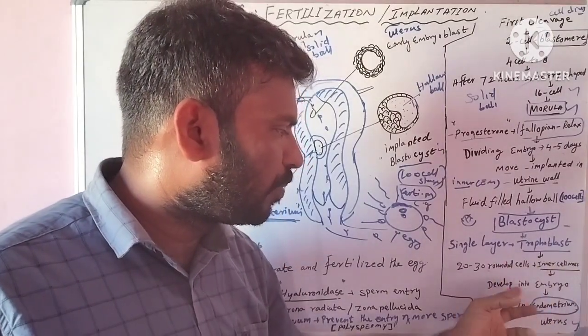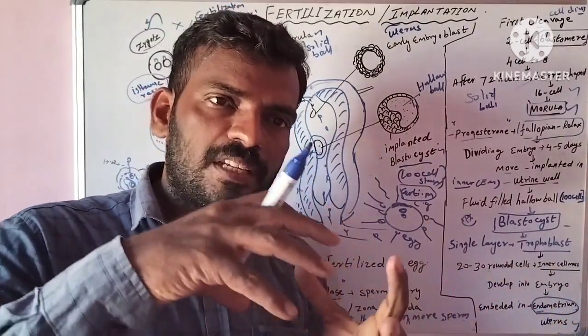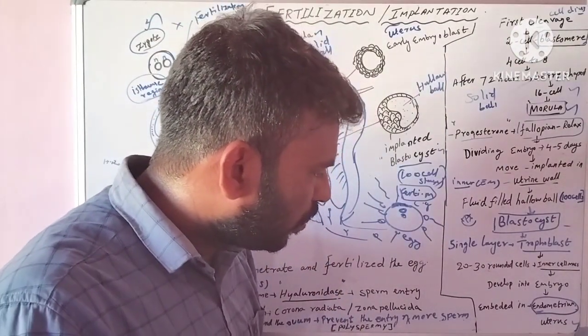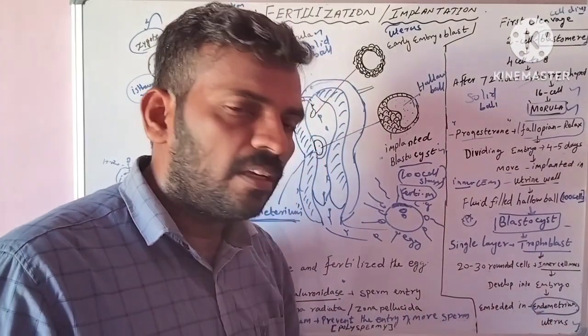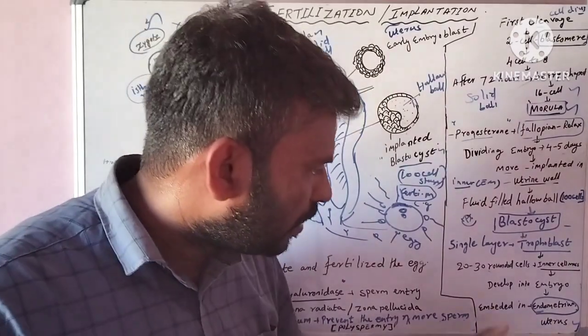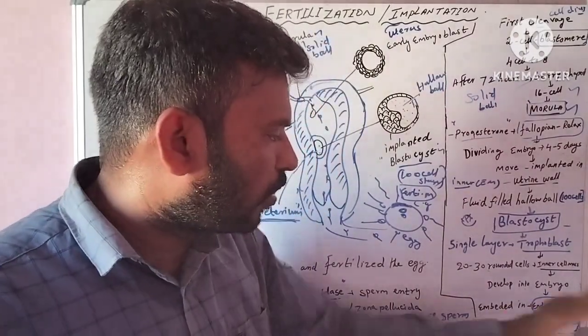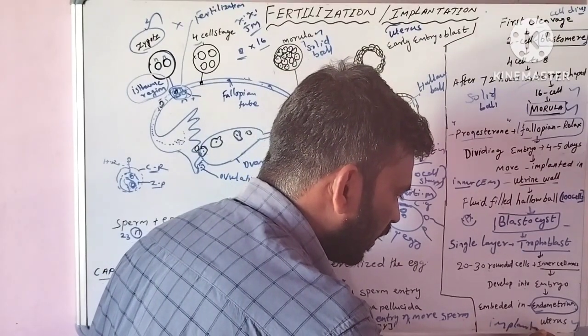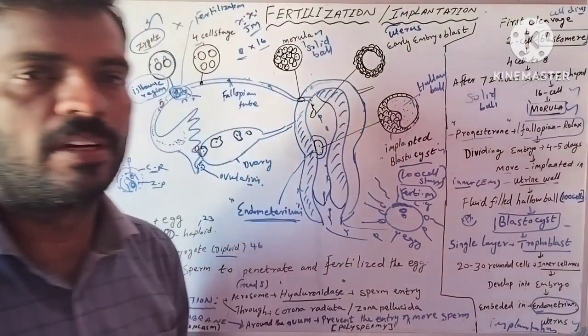The inner cell mass develops into an embryo. The developing embryo is embedded in the endometrium layer of the uterus. That process is known as implantation. That's all. Okay. Thank you.